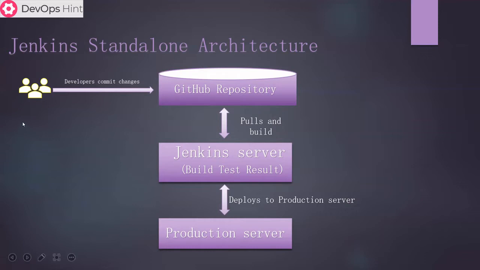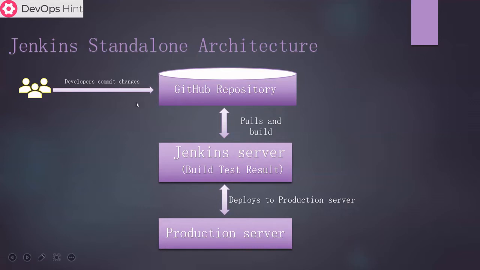Here in the diagram, we can see the developer checking in the code using a source code management tool. In the market we have source code management tools like GitHub, GitLab, Azure Repo, SVN, and many others. The most used are GitHub, GitLab, Azure Repo, and SVN.